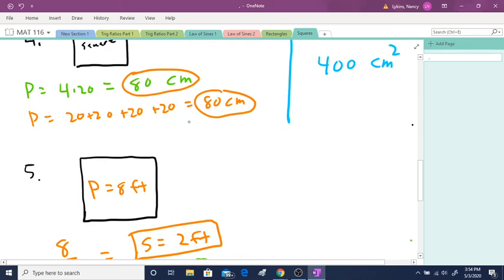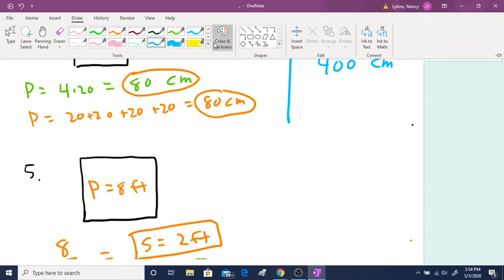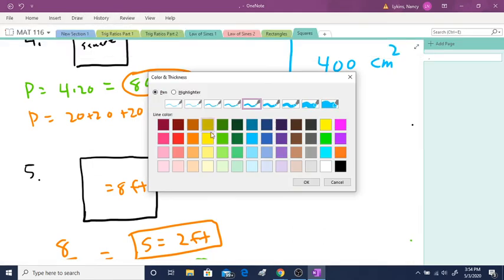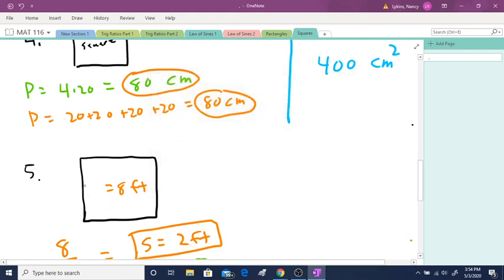Now, instead of perimeter right here, I'm going to change this to area. So it's going to be area equals, and I'm going to change the 8 feet as well.